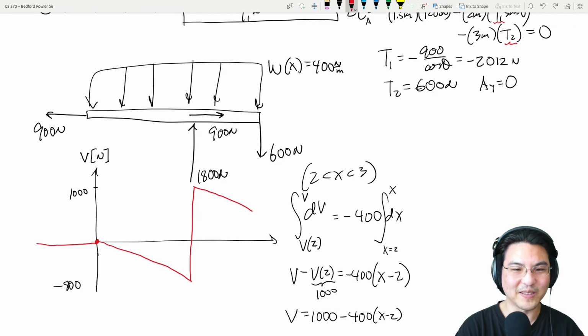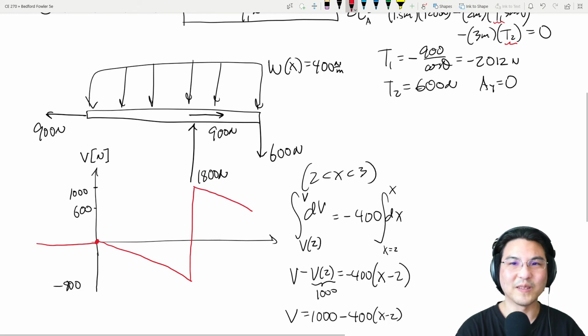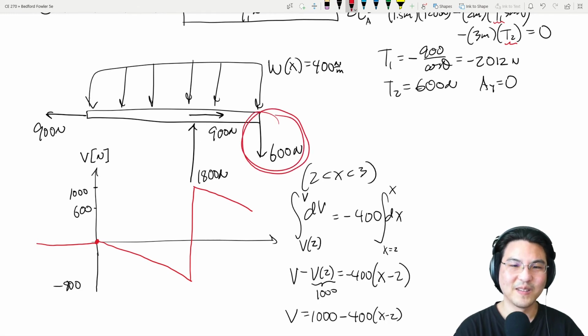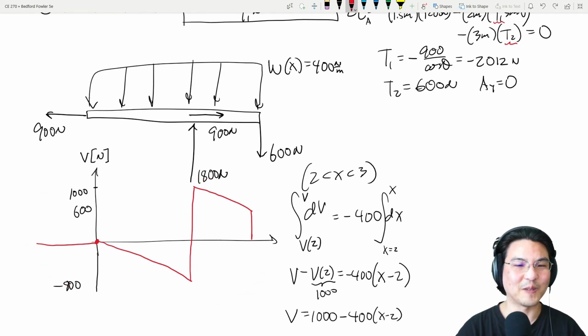So right here is 600. Okay, and then we experience this, right? Which is in the negative direction. So it goes from 600 down 600, so to 0. So here, this is the shear as a function of x.